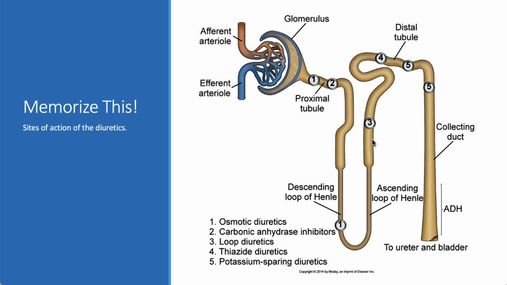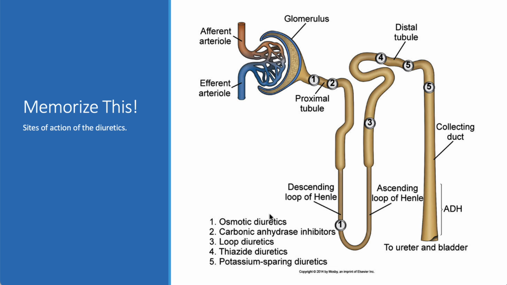Now, this is good for you to know because this tells you at what part all of these things have their function. So again, the afferent arteriole, it's upside down this time, sorry about that, comes in, delivers the plasma into Bowman's capsule at the glomerulus, and then the blood goes back into the efferent arteriole where it goes around the proximal tubule and the distal tubule, right? In the proximal tubule is where osmotic diuretics and carbonic anhydrase inhibitors work.